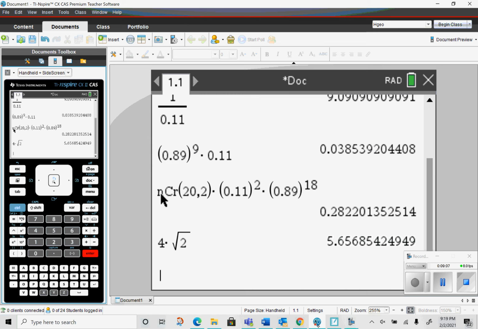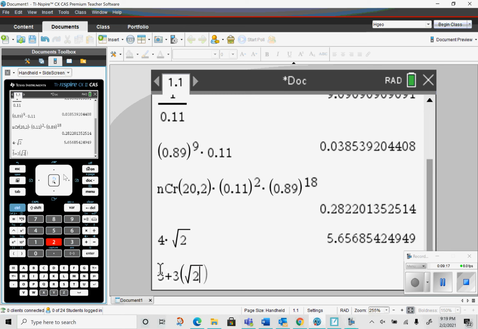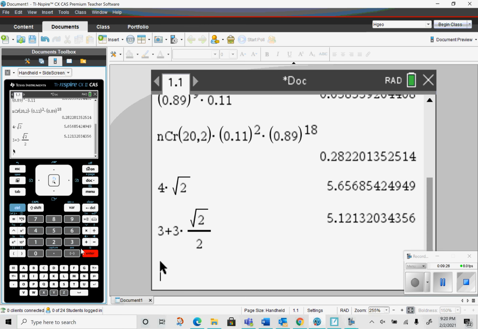So I need 3 plus 3 times the quantity square root of 2 divided by 2, and just give me the decimal approximation there of about 5.1.